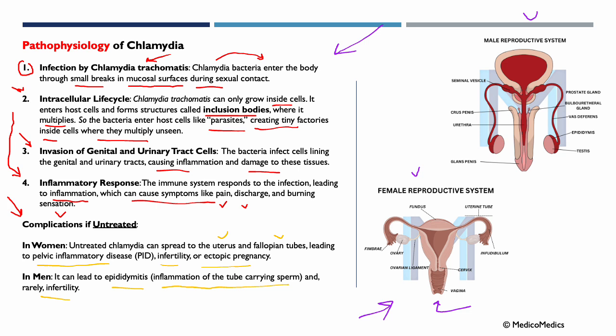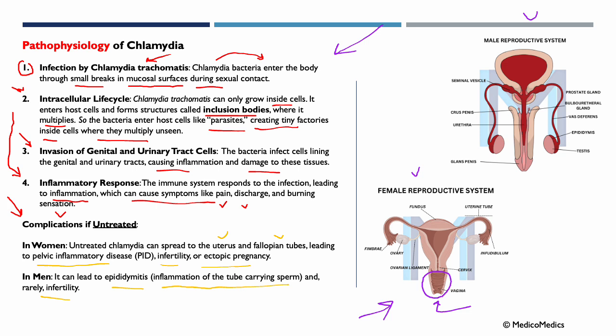The bacteria are transmitted during unprotected sex. What then happens is that we have an infection of our mucosal surfaces. These bacteria infect the mucosal lining of the vagina, cervix, especially the endocervical canal. So we're talking about this area here.